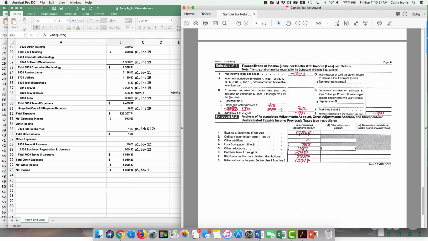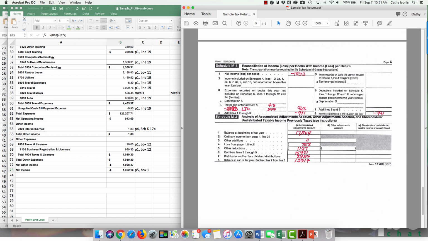I have long-term care on here, that's adjusted out. So we go from 1953, make these adjustments to negative 991, which is what's going to tie back to that first page of the tax return. So this explains why there's a difference on your P&L.